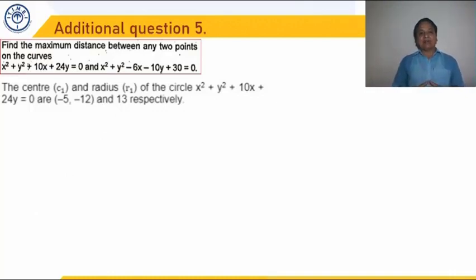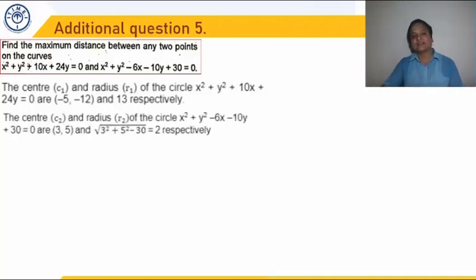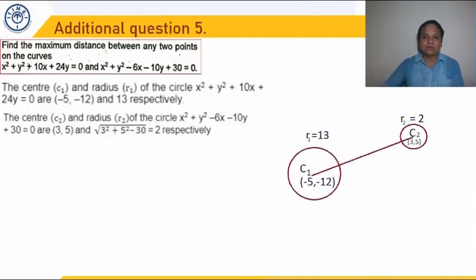Question is asking find the maximum distance between any 2 points on the curve. And center of the second circle is 3, 5 and radius is the square root of 9 plus 25 minus 30, which is the square root of 4, which comes out to be 2 units. Now if you draw the figure, first circle center is minus 5, minus 12, radius is 13.